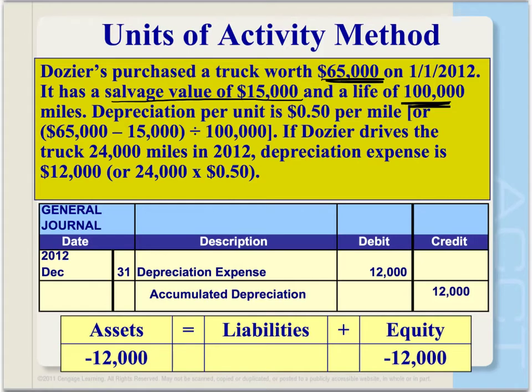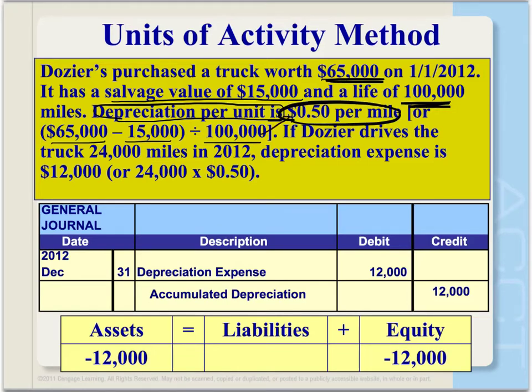So we need to calculate first a depreciation per unit. In this case, it would be 65,000 minus the salvage value divided by the total useful units, or miles in this case, over the asset's total life. So therefore, we come up with 50 cents per mile.